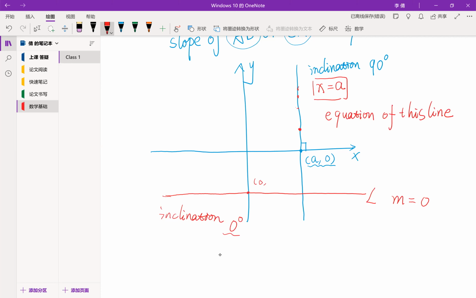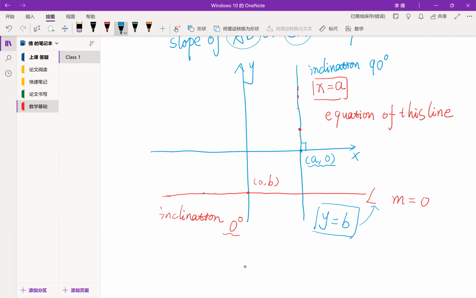All the points on this line have y coordinate equal to b, right? So y is equal to b. Yeah, y equal to b is the equation of this line.